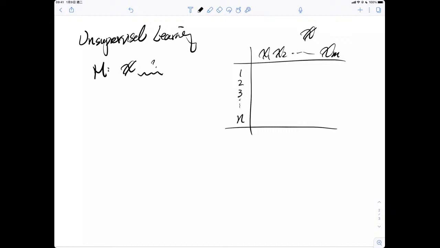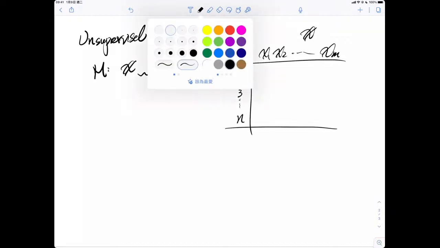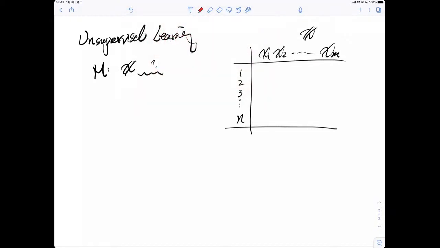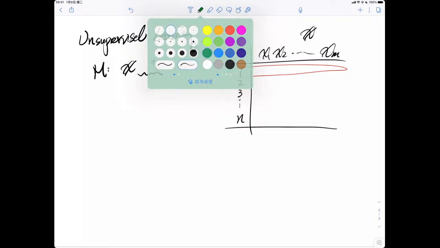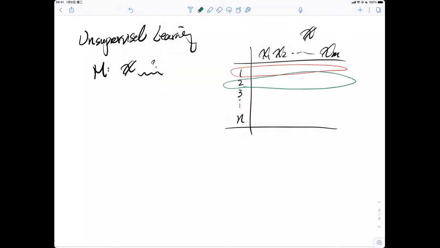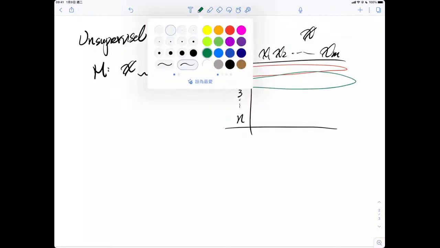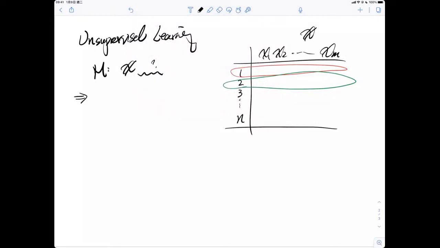So when we face such kind of things, what analysis can we do? First, since it is a data point right here, the red one, and there is another data point, the green one. For unsupervised learning, there are several problems that can be analyzed. First, how close?